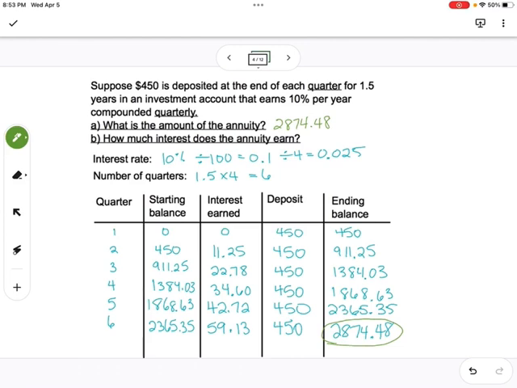Okay, the other question we're being asked is how much interest does the annuity earn? So looking at just the column for interest, we can add all of these numbers together to figure out the total amount of interest that was earned.